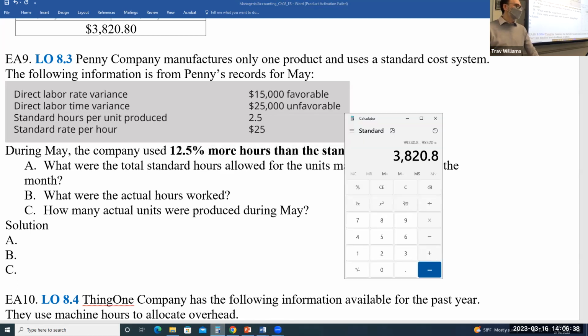So in other words, in this one, if we take the time variance of $25,000, divide that by the standard rate of $25 per hour, that means we used 1,000 hours more than the standard. And if we want to know what that is 12.5% of, how can we figure that out?